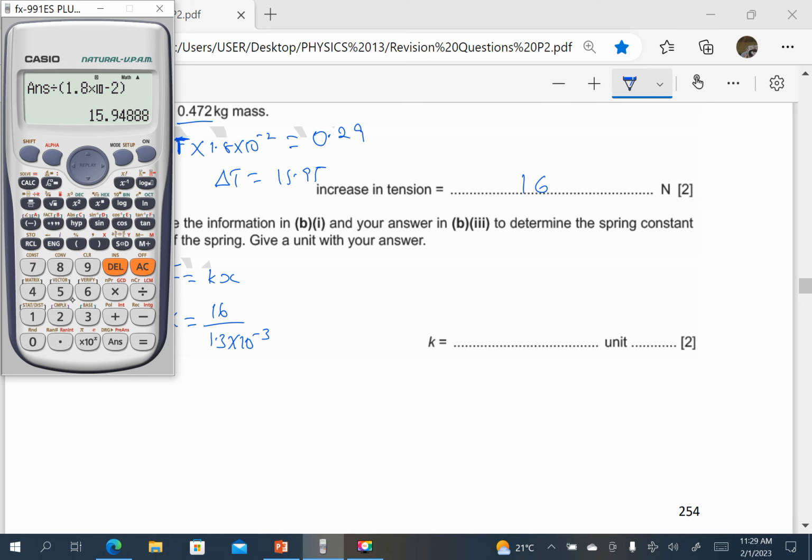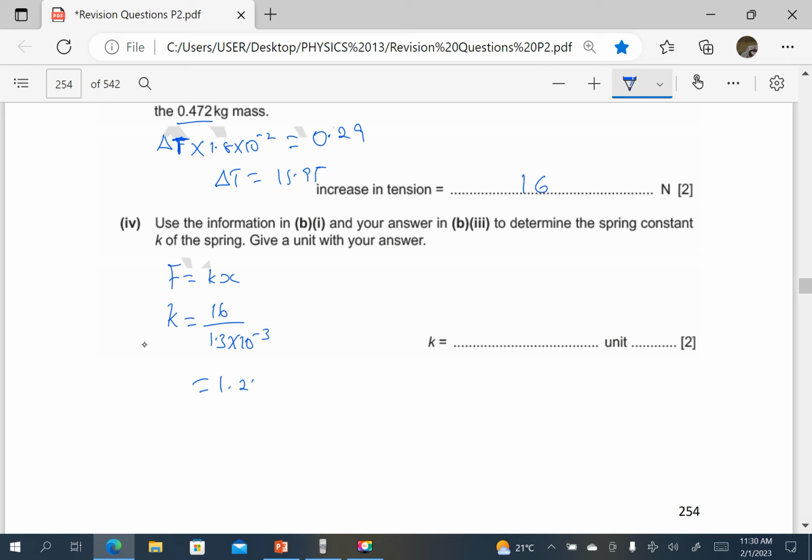So we just say 16, or the answer, divided by 1.3 exponent negative 3. And that gives us 12,268, which is approximately 1.22 times 10 power 4.